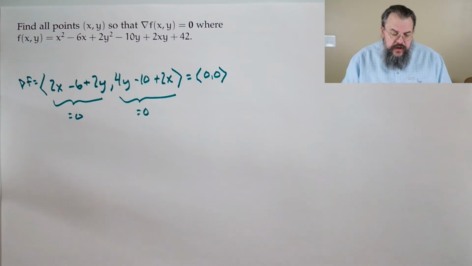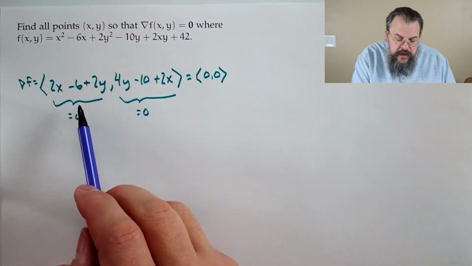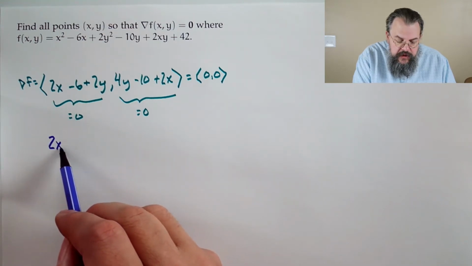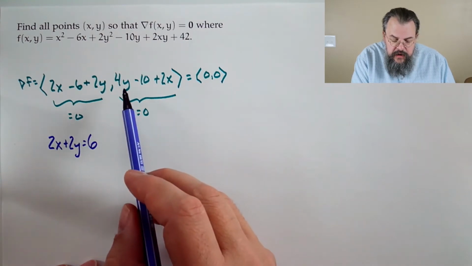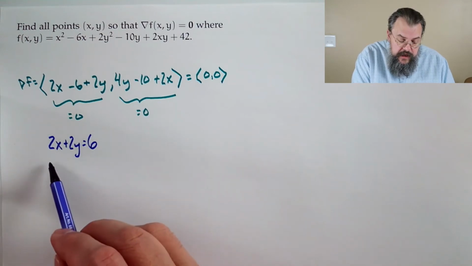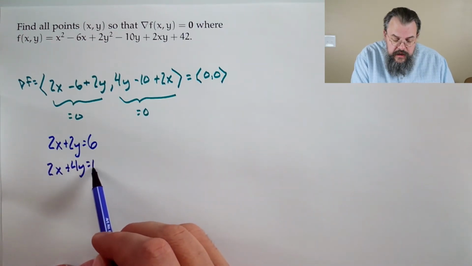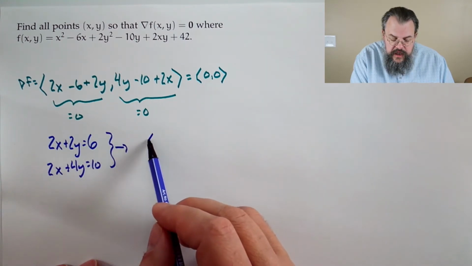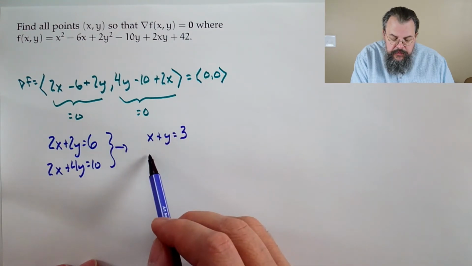And so the first equation, 2x minus 6 plus 2y equals 0, well, we can write that as 2x plus 2y equals 6. And here, 4y minus 10 plus 2x equals 0, we can write that as 2x plus 4y equals 10. Well, before we do too much, let's just say, look, everything is even. So let's divide by 2.